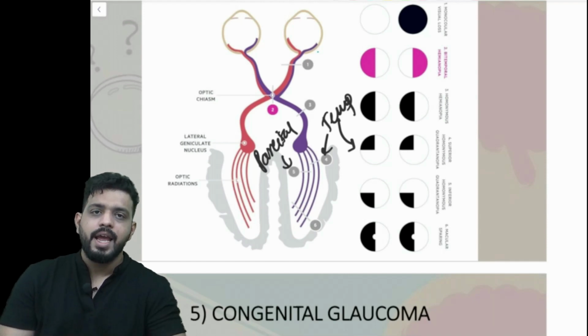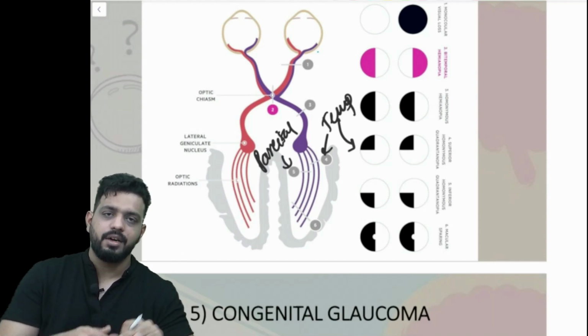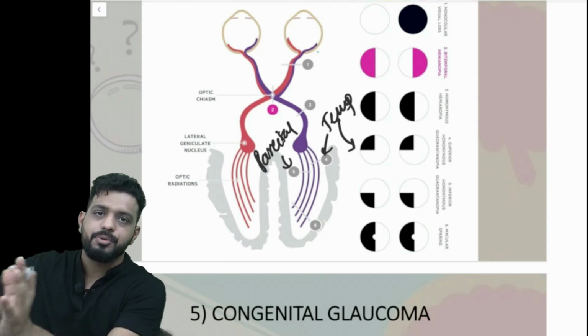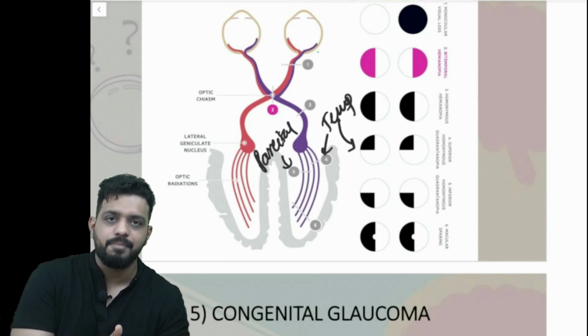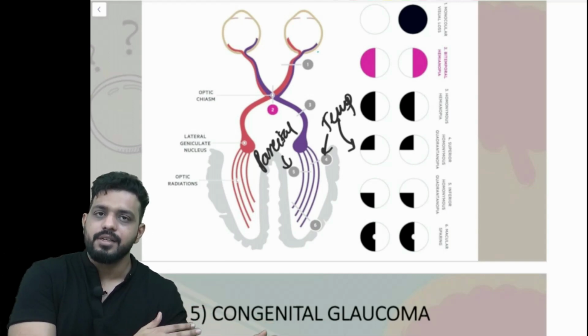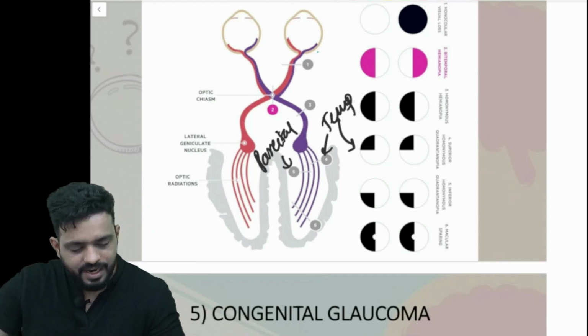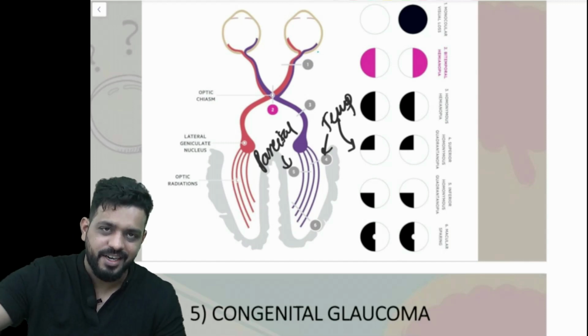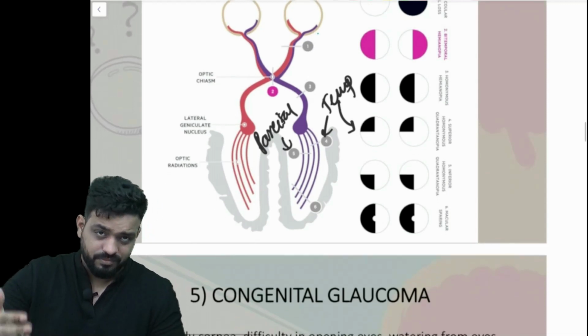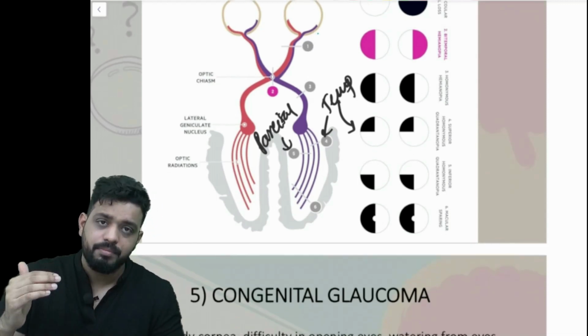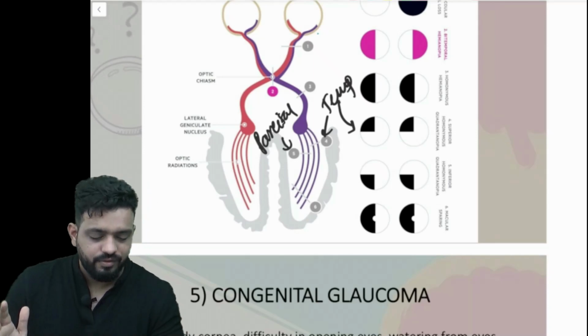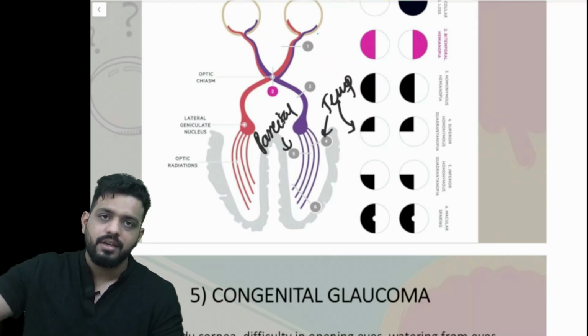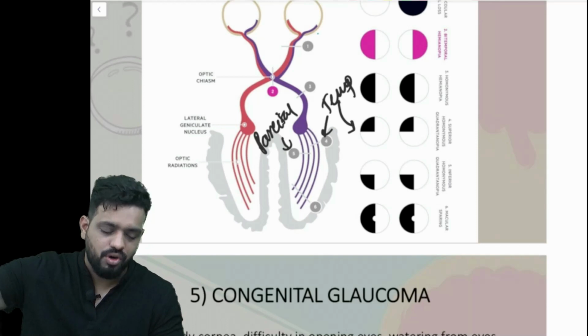Again, remember, any lesion beyond the optic chiasma will be showcased on the opposite side. So if the right sided temporal optic radiations are gone, what we get is a left sided superior homonymous quadrantanopia. If the parietal lobe optic radiations are affected, we get an inferior left sided homonymous quadrantanopia.